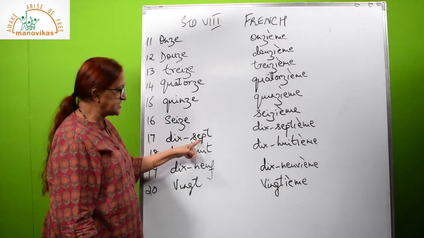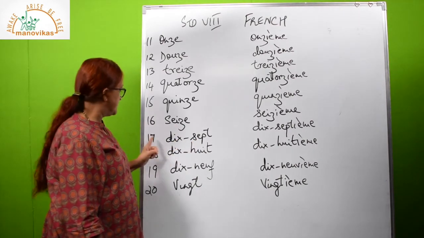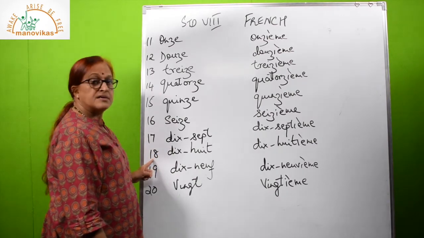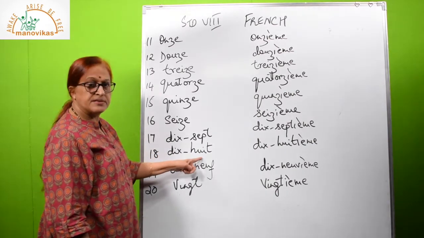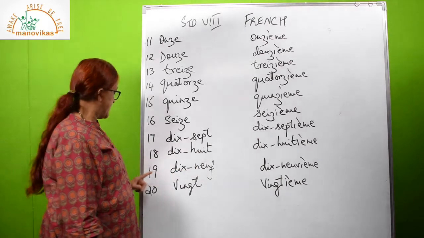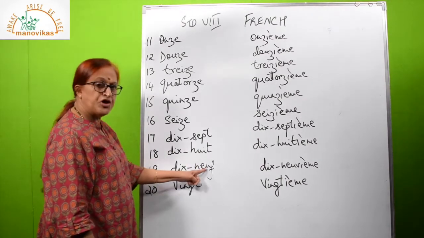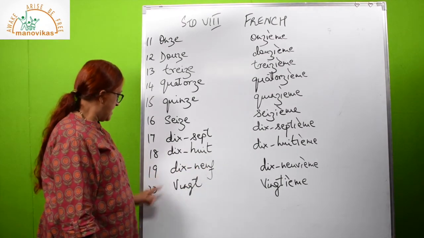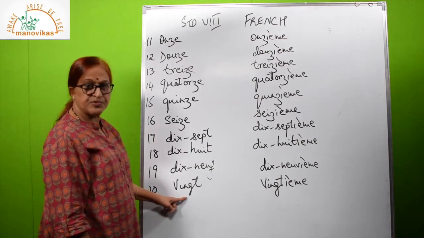I think I have done this with you. 10 plus 7 is 17. 18 is dix-huit, 10 plus 8. 19 is dix-neuf, 10 plus 9. And 20 is vingt. Okay?